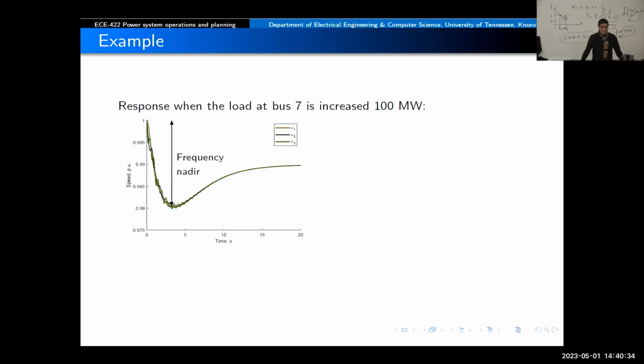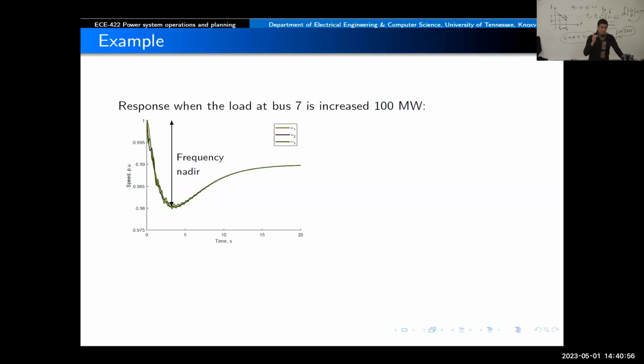Okay. To be precise, when we study this type of behavior, if you see a response like this, this is typical of a system with a slow mechanical response. We might see this on the western interconnection. Eastern interconnection might be faster.